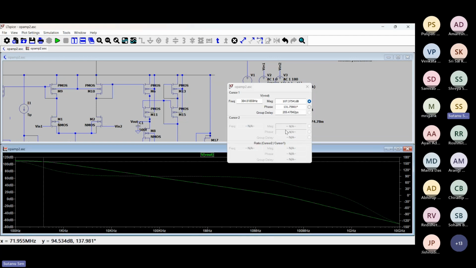It is around 400 hertz now. Yes, that is expected because your gain is so high. So it is expected that the bandwidth will be poor.